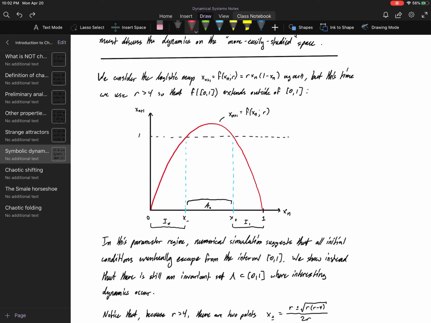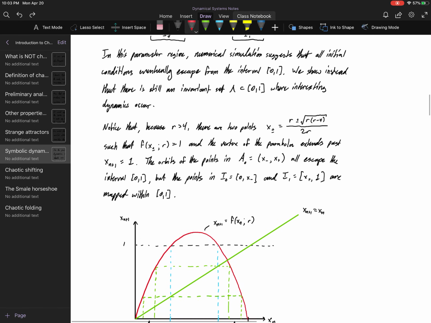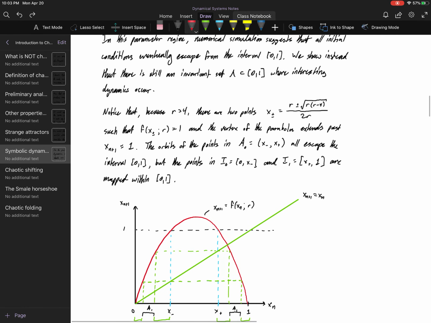It has no length associated with it, so the computer will not find it, not unless you are explicitly looking for it, and that takes a fair bit of analysis just to make sure your algorithm is robust enough to find that set in the first place. So in this parameter regime, numerical simulation thinks that solutions all get tossed away and they all blow up to negative infinity. But there is an invariant set in here, and we're going to show that the dynamics on that set are chaotic.